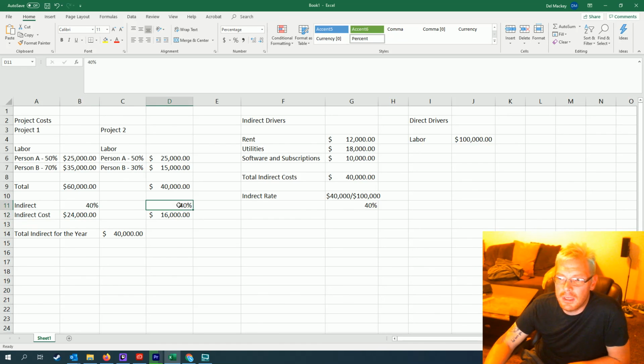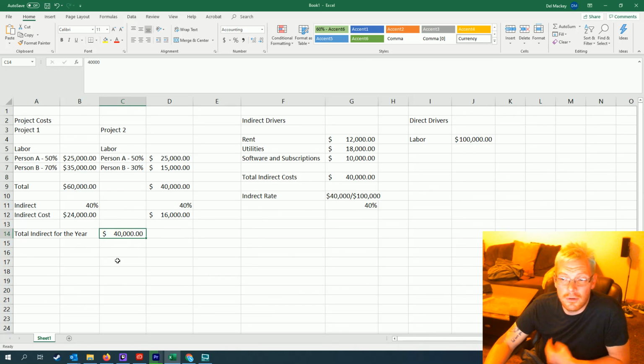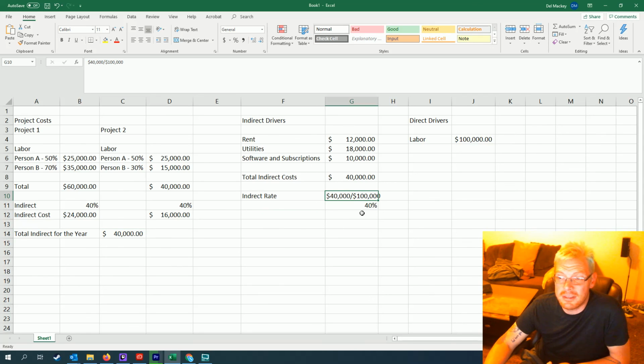And if you put your indirect rate of 40% on project two, you're going to get $16,000 in indirect cost. Now, when you add these together, you're going to get your full $40,000, because remember, your indirect rate itself is actually driven by your direct cost.